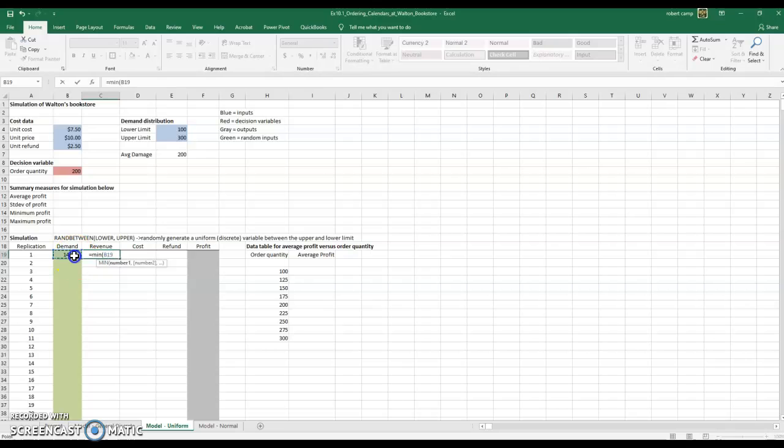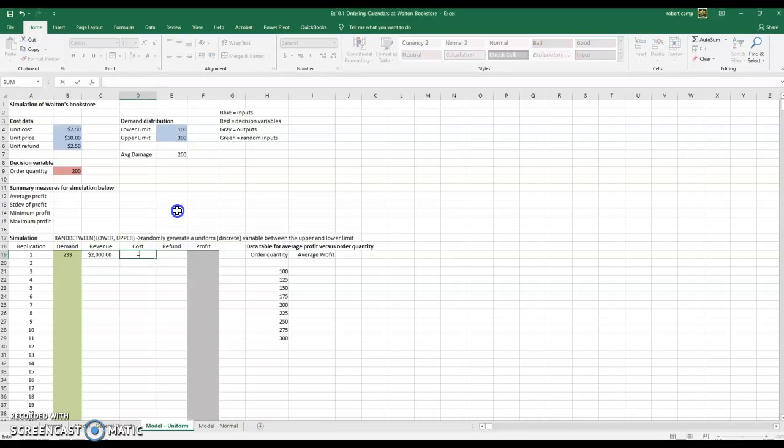So we'll take the minimum of that value and the order quantity, and we will lock, oops, keystroke that wrong, between that number and that one there, and we will put our dollar signs in to make sure that doesn't move. And whatever that minimum value is, we will then multiply it by how much revenue we're going to get, and we will also lock that one in. So the revenue in this case, bought 200 calendars, all 200 of them sold, revenue's $2,000.